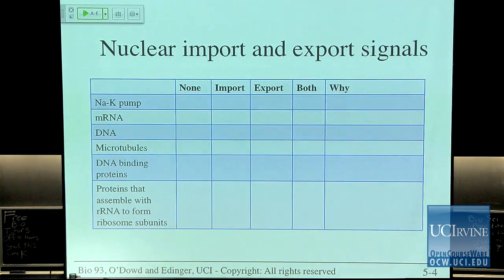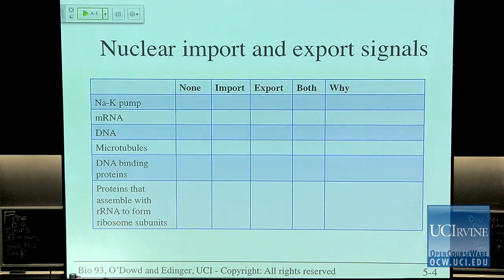So to explore this in a little bit more detail, what I want you to do is start to fill out this table with the people around you, thinking about which of these molecules or proteins that we've talked about already most likely have a nuclear import signal, a nuclear export signal, neither, or both.